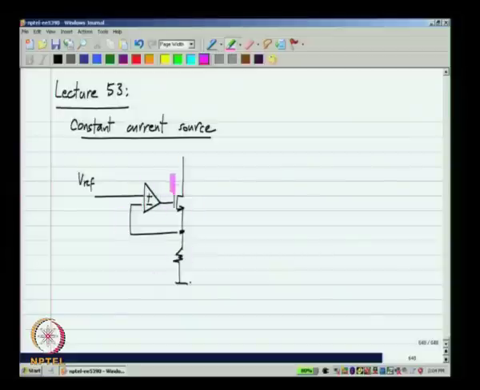I will not explain how to come about this one, but this is a very simple circuit. In negative feedback, the voltage at the source of the MOS transistor equals Vref. So, the current through this is Vref divided by R. Now, if Vref is constant and R is constant, this current will be constant.